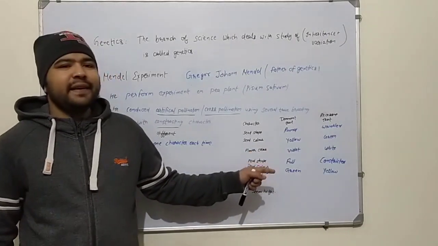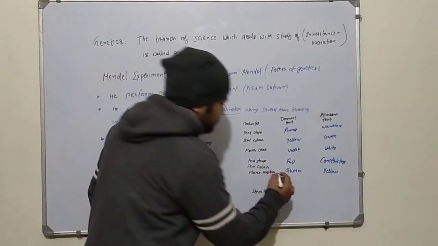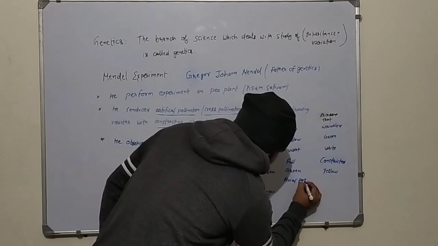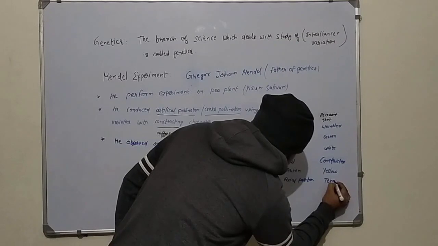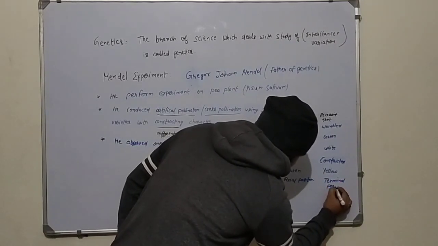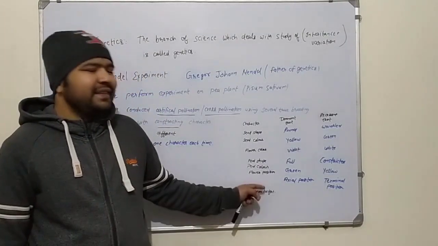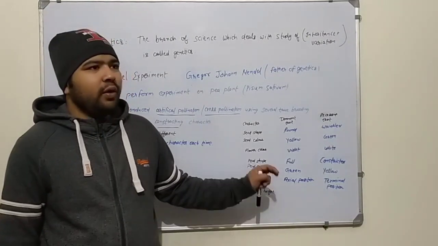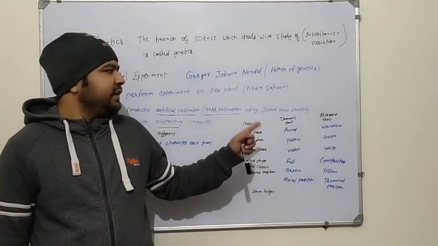The dominant trait is axial position and the recessive trait is terminal position. The next character he observed is stem height, that is tall. The tall character is dominant while the dwarf character is recessive.